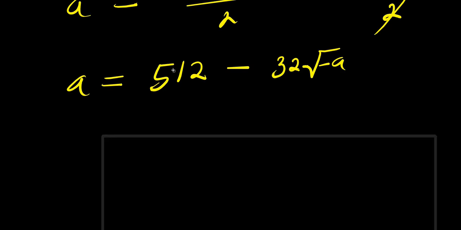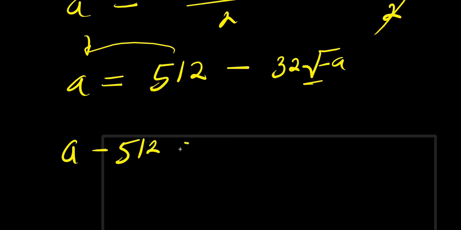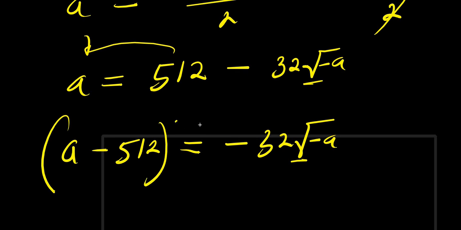I can simply decide to eliminate this square root here by moving this over here. I have a minus 512, and this equals minus 32 root negative a. So to eliminate this, I take the square of this. Again, I take the square of this.